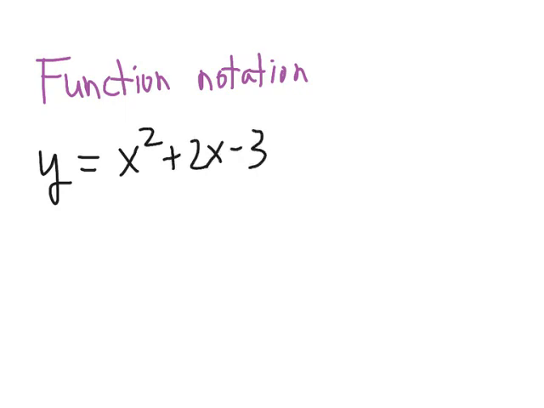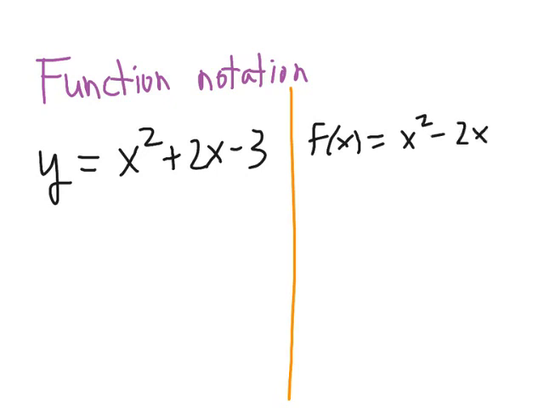I might give you y equals x squared plus 2x minus 3. Conversely, I might write that in function notation. In function notation, I would write it this way. f of x equals x squared plus 2x minus 3. Those two things really say the exact same thing.